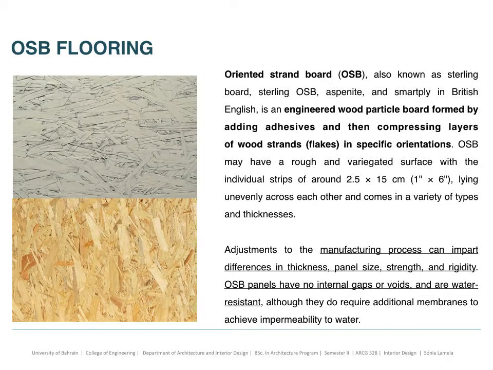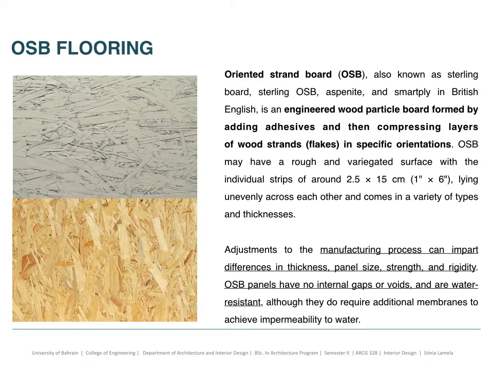OSB flooring. OSB is oriented strand board, and as you can see from the pictures, it's a board that is formed by adding adhesives and then compressing layers of wood strands, like small flakes of wood, in specific orientations.